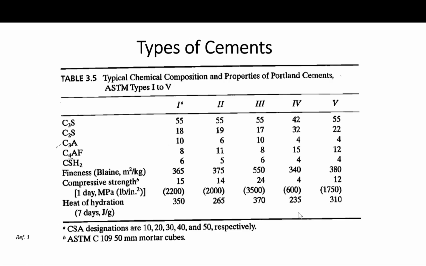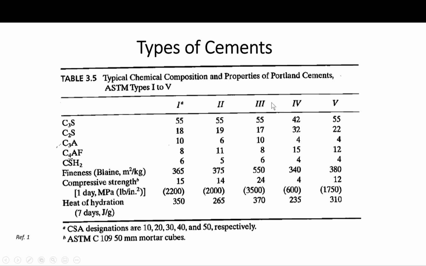Okay, so let's look here at the typical chemical composition and properties of Portland cements, the ASTM types 1 through 5. The C3S, as you can see, type 1 is 55, type 2 is the same, did not change. Type 3 is the same, but look at the fineness, 550 versus 365.